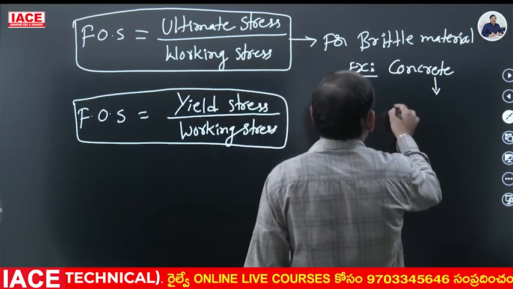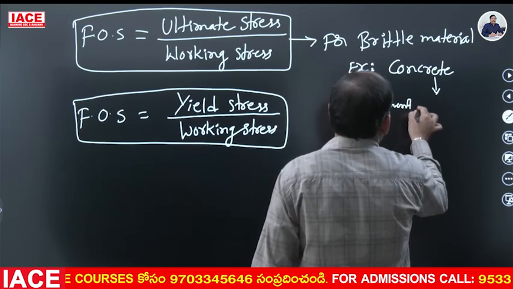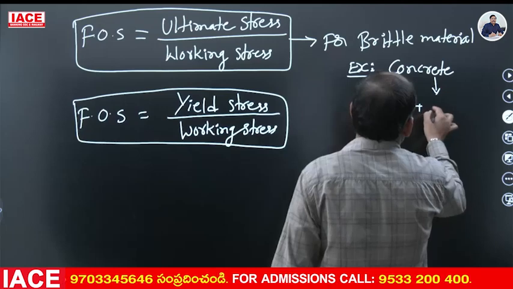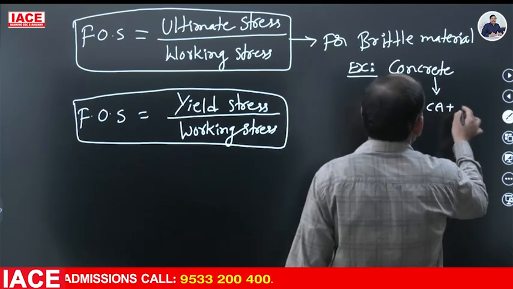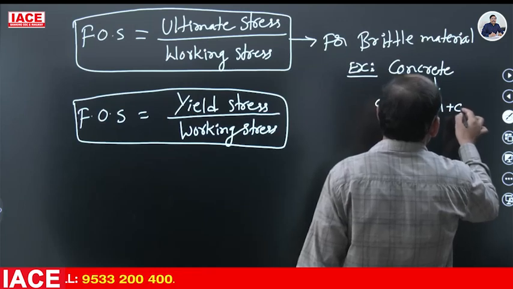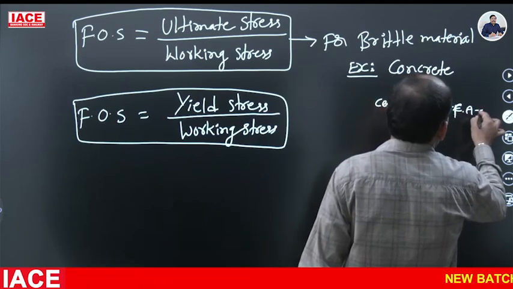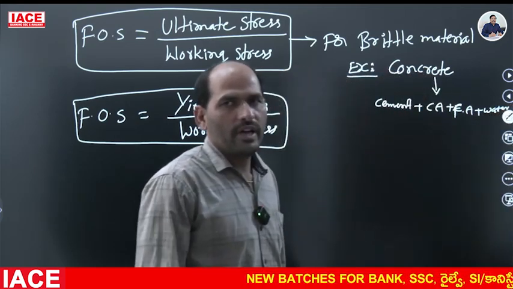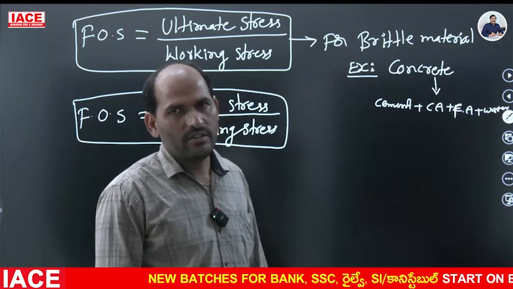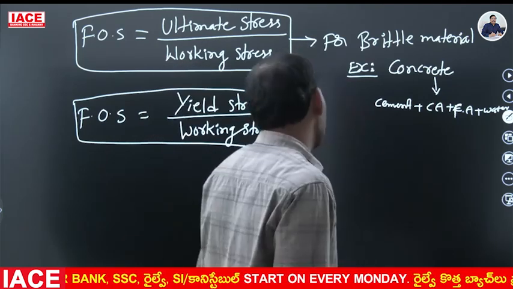The ingredients are binding material cement, fine aggregate, coarse aggregate, added with water. This is called concrete, or simply plain cement concrete.